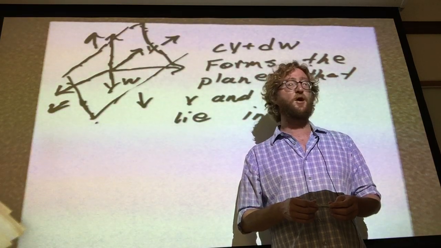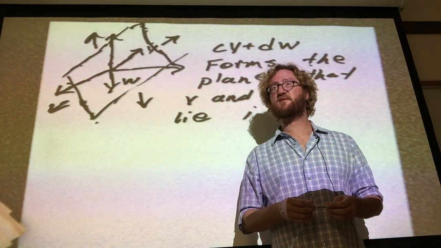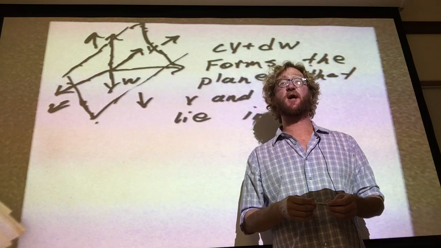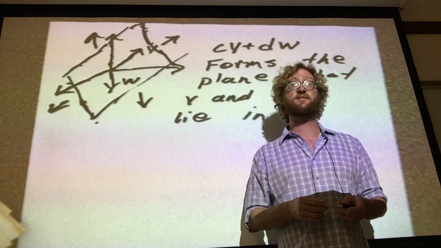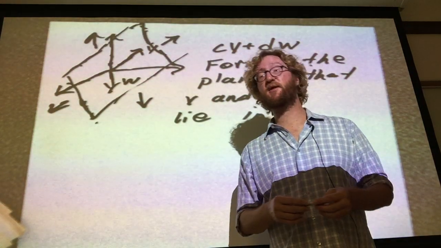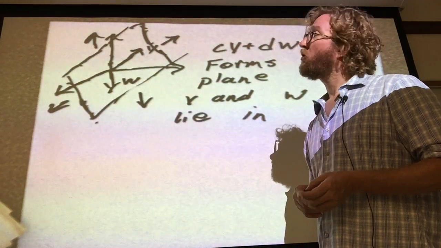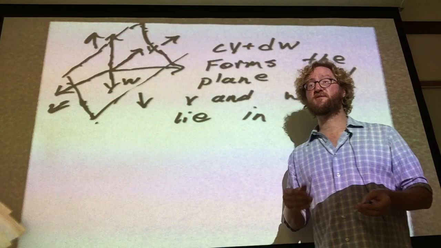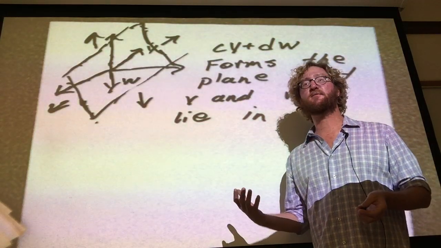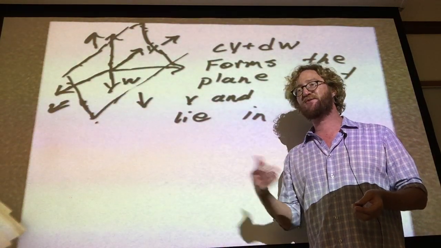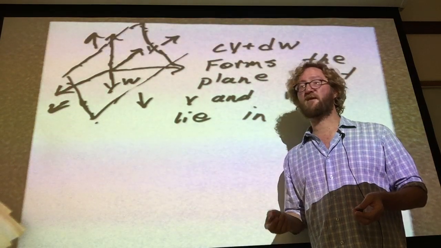Okay. Well, what that means is that all three of those vectors lie in the same plane. And since they lie in the same plane, you only need two vectors to form that plane. Okay? Well, that means that since you have a third vector that's already in that plane, those other two vectors could make up that vector, and vice versa.